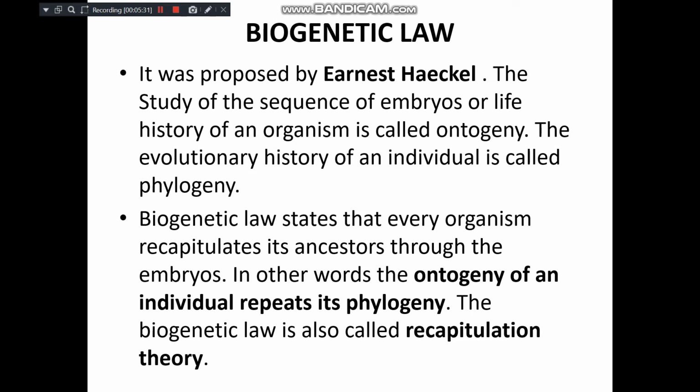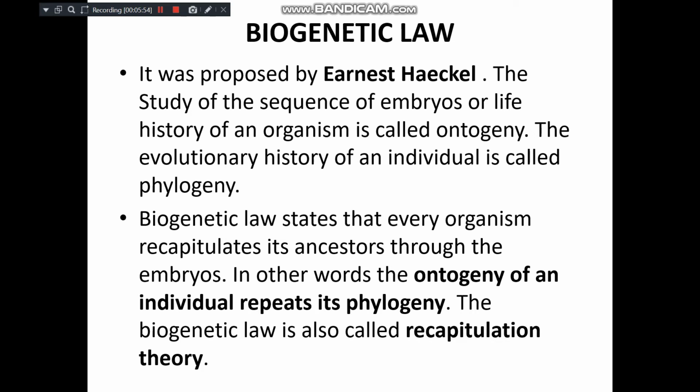Every organism recapitulates its ancestor through the embryo. We remember our ancestor by having a common type of embryo. Ontogeny means, as I have told you, the life history, the embryological sequence of development, and phylogeny refers to evolutionary history.